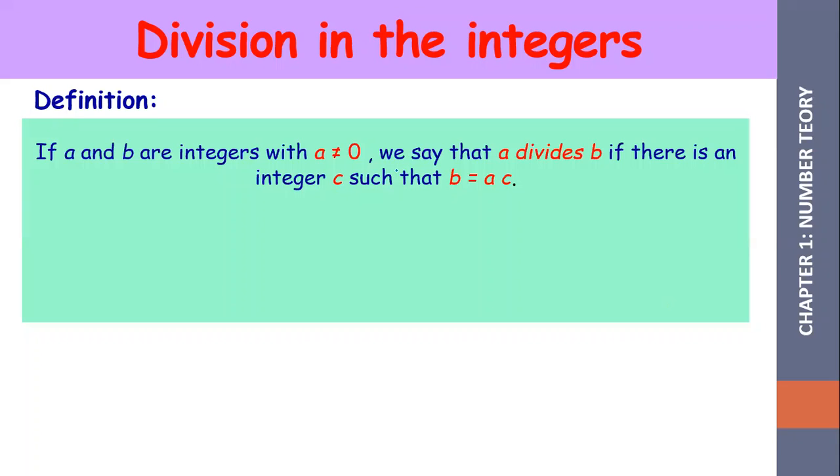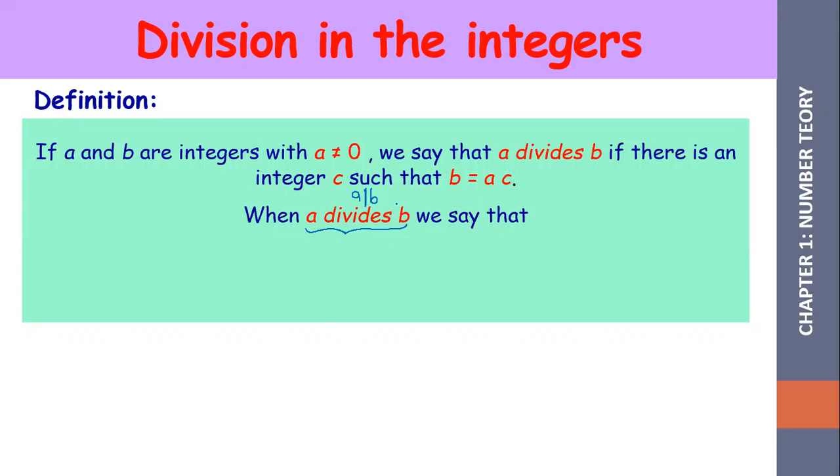So when A divides B, kita pakai simbol. Dia macam slash tapi dia straight. This is A divides B.